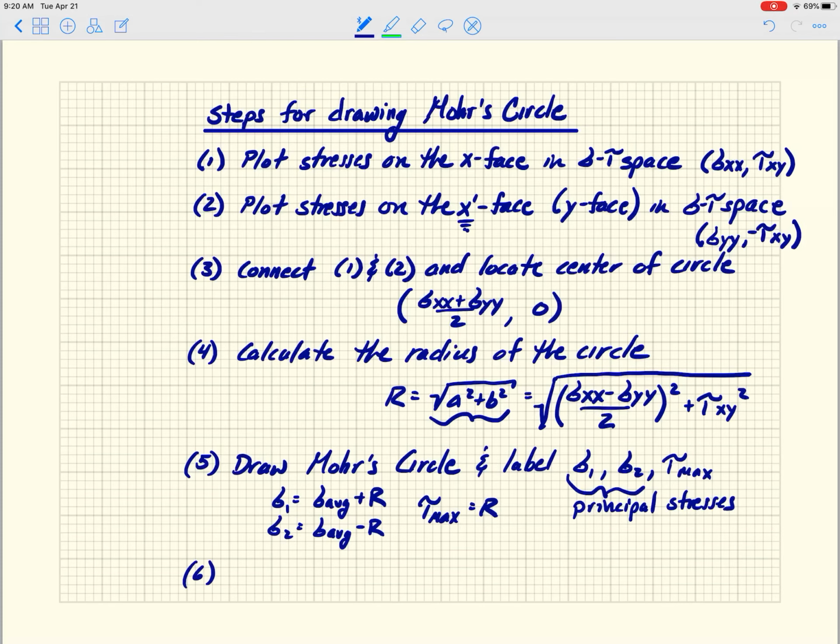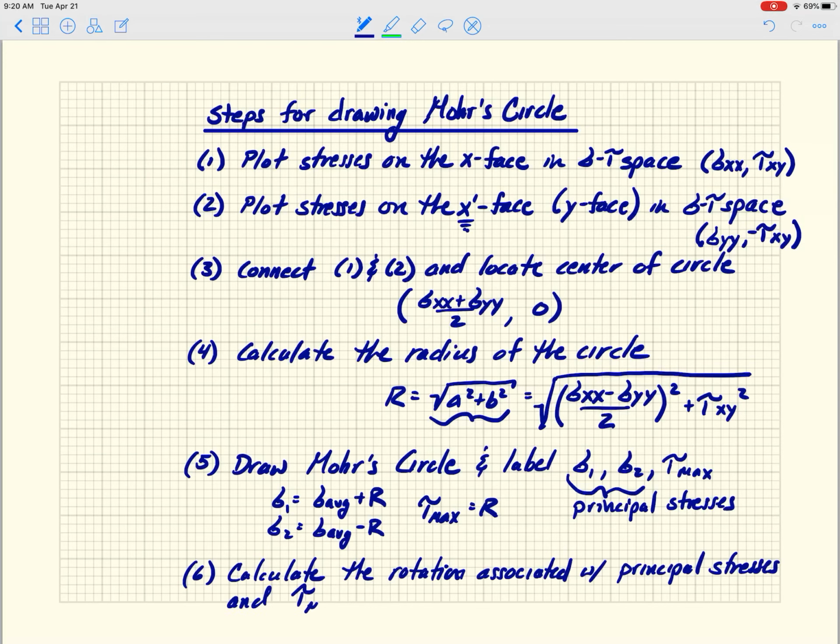All right, and then step 6, which is the last step, is to calculate the rotation associated with principal stresses and tau max.